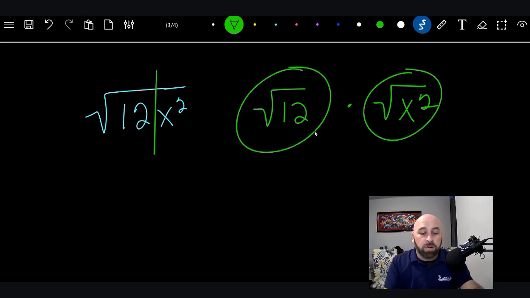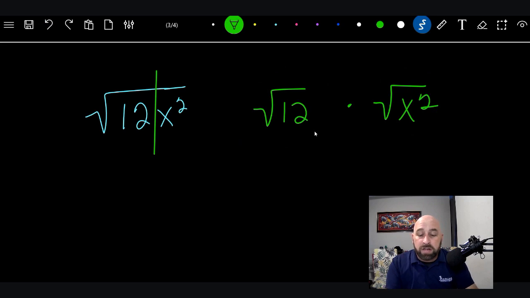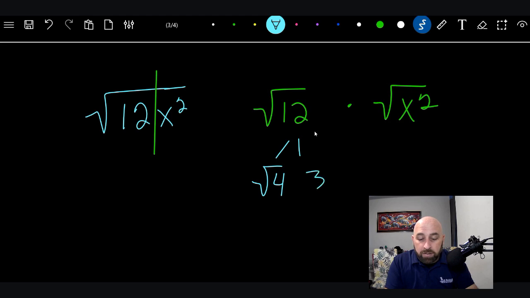Take the letter. We're going to do that separately. So let's go ahead and do the number. Well, that's easy. 9 doesn't go into it. 4. 4 is the only option that's possible. And 4 is a perfect square. So 4 goes, and it goes 3. So 4 times 3. What comes out? 2. Square root of 4 is 2. 2 square roots of 3.